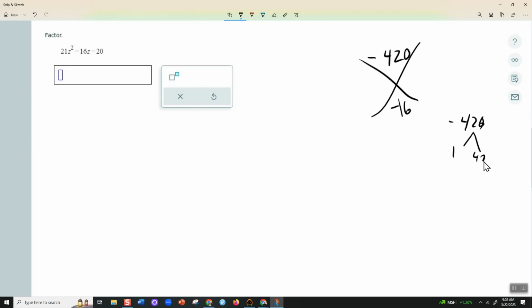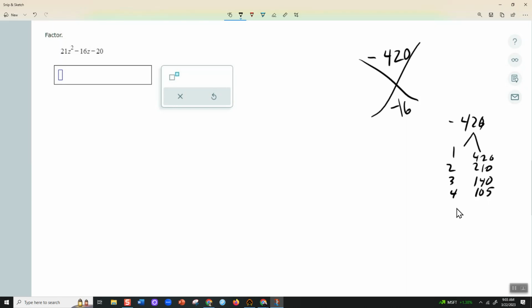Well, there's 1 and 420. There's 2 and 210. 3 and 140, very similar to the factors of 42. No 4 that I know of, maybe though. 105 actually, yeah. 400 plus 20, yeah.